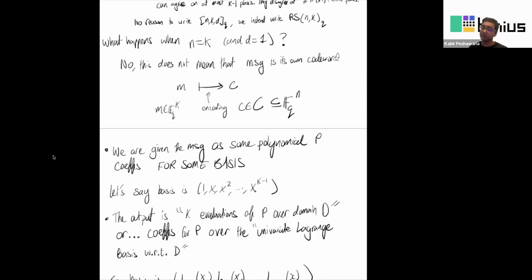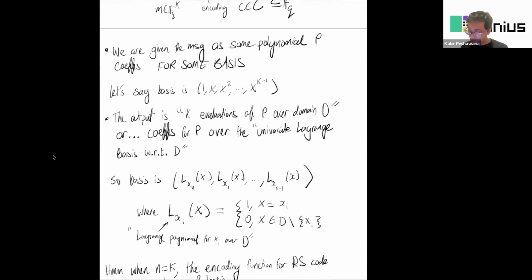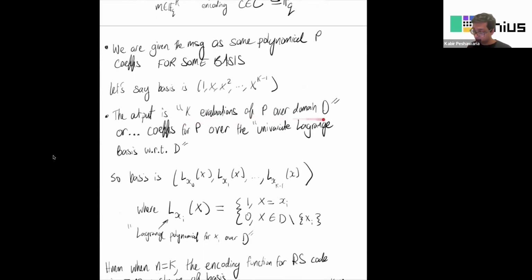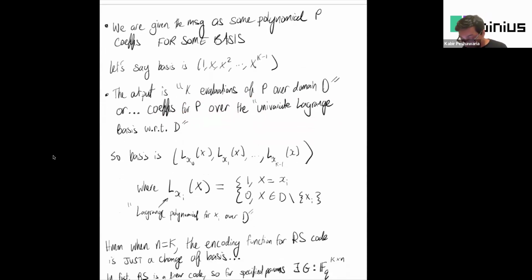It is doing some sort of a change of basis from some coordinate vector, some basis representation, into the specific Lagrange basis representation code word that I care about. Okay, and the output is k evaluations of some polynomial P over some domain D, or coefficients of P, univariate, in the Lagrange basis with respect to D.